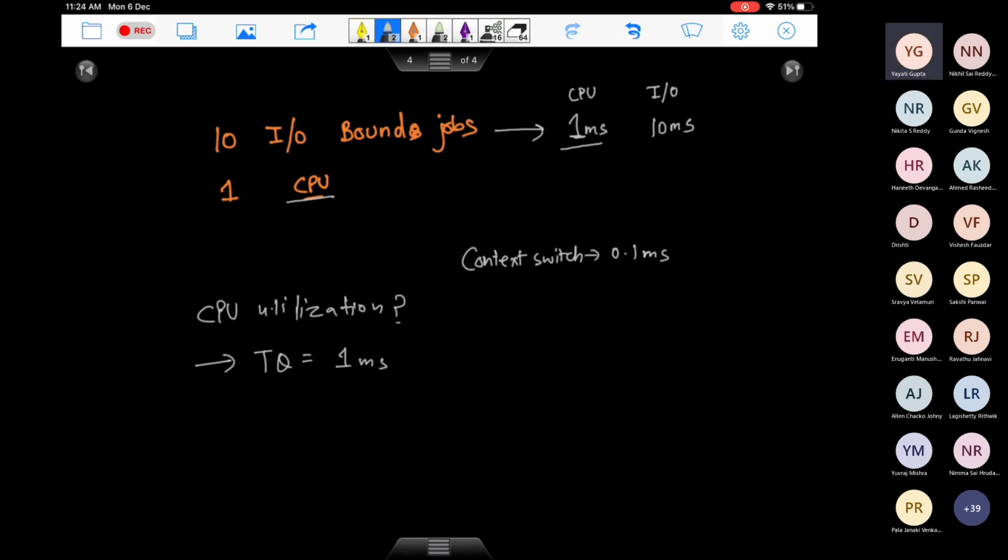How will you draw a Gantt chart for this first of all? Any inputs? Give me 1 second. I'll also copy paste the question in the chat window, so you can also read it on your own. Just answer the A part of it as of now.